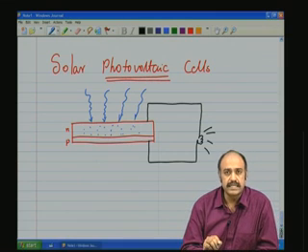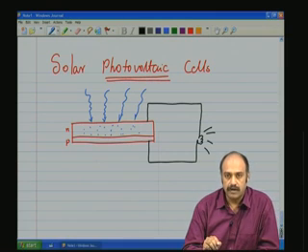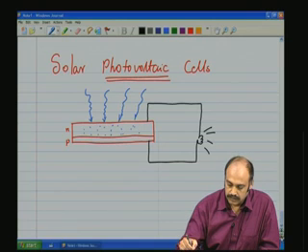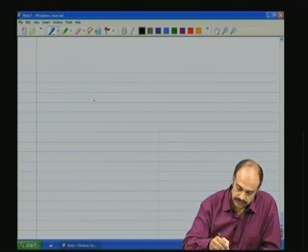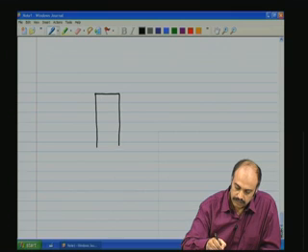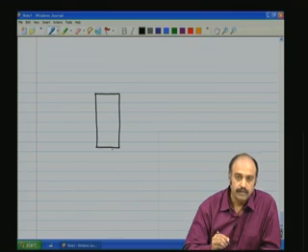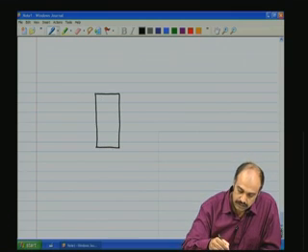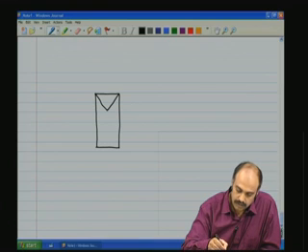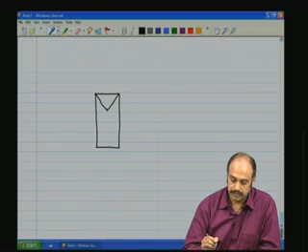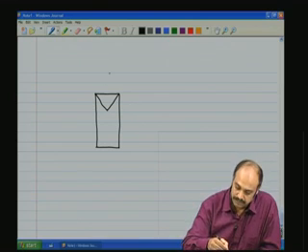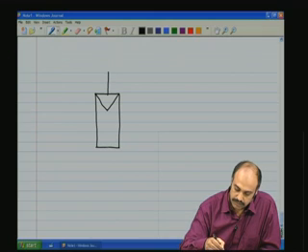How do we represent the photovoltaic cell on paper? It is like this. We have a rectangular block like this and a small triangular niche there up. Looks like a post cover, and it has two terminals.